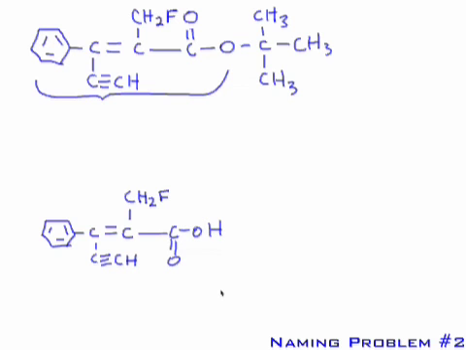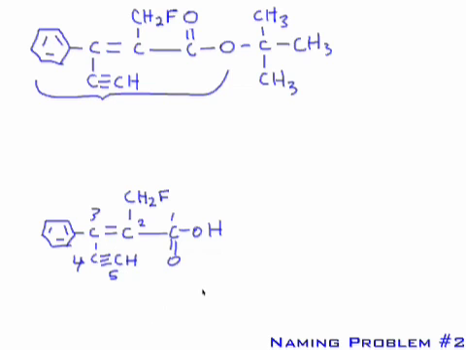Now what I have to do in order to name this is recognize the highest priority group as carboxylic acid. Find the longest carbon chain with the priority group. That's 1, 2, 3, 4, 5. This is a 5-carbon alkane. It is a pentane. With the carboxylic acid, you drop the E, becomes a pentanoic acid. Double bond makes it a pentenoic acid.